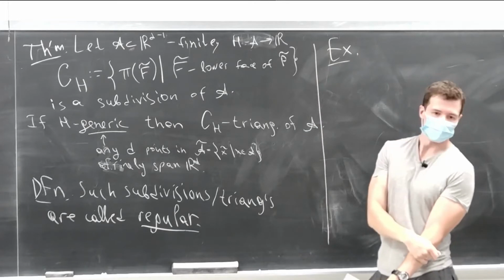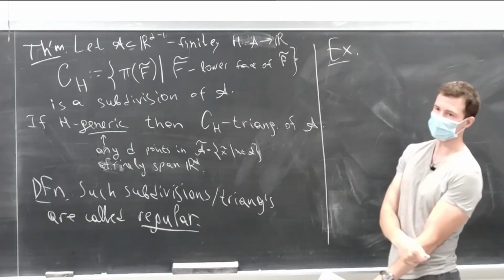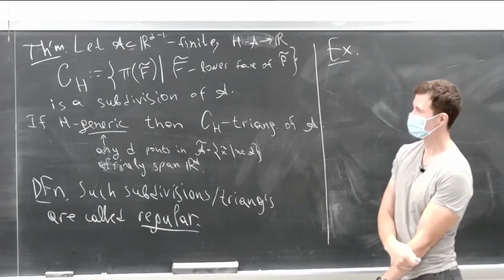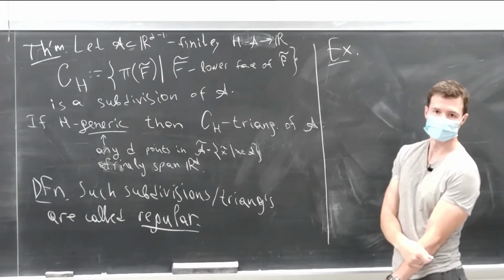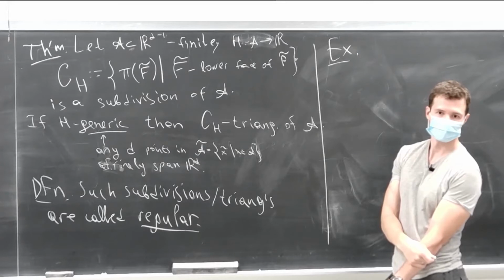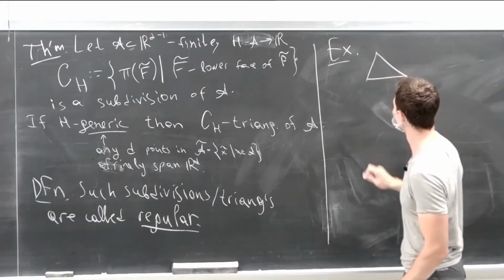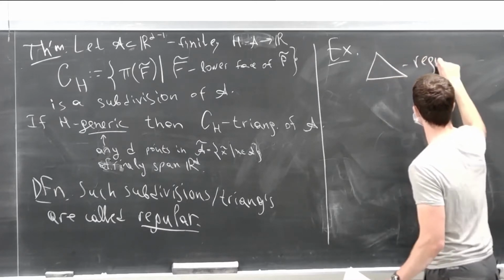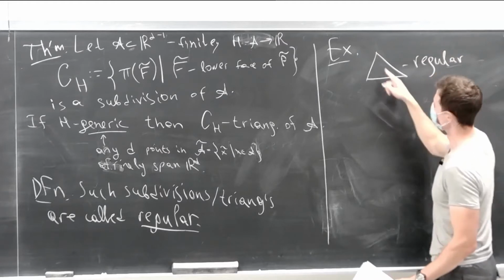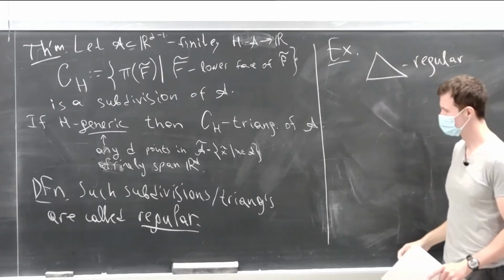Give me an example of a regular triangulation. A triangle. This is regular. Okay, what is my point configuration here?